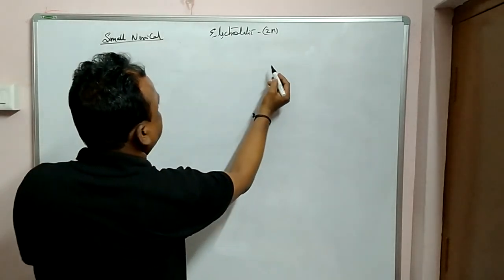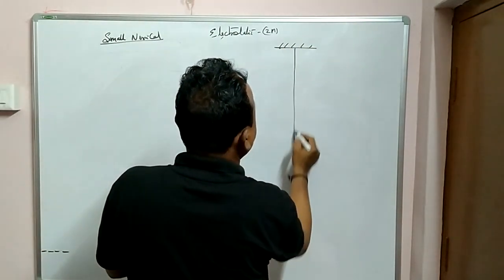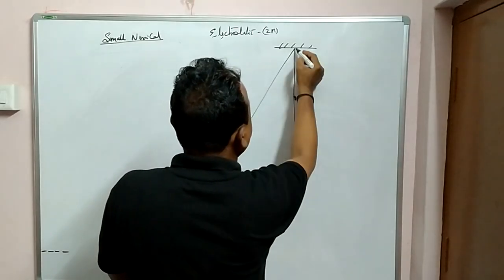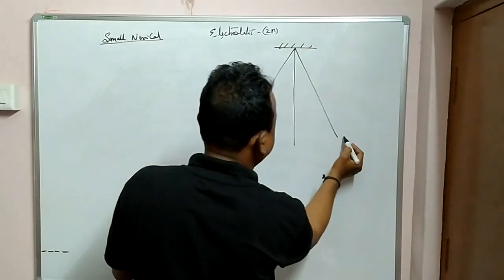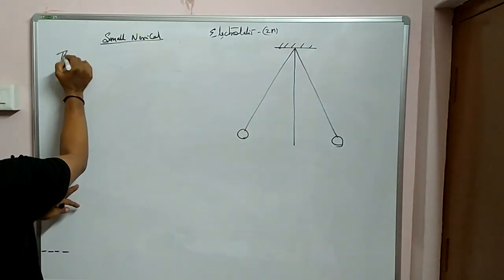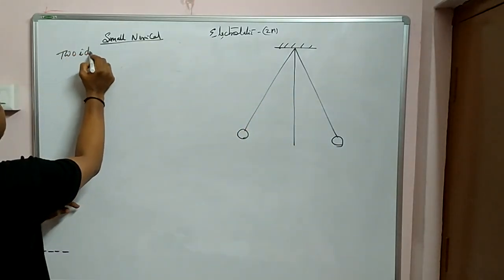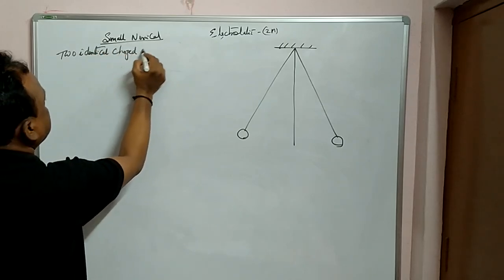In the examination they are asking these type of problems. For example, there are two identical charged spheres, mass m. In this figure you can see two identical charged spheres.